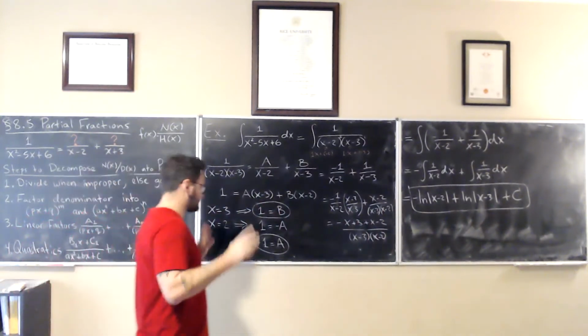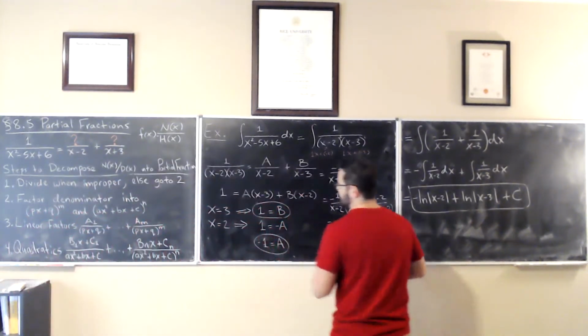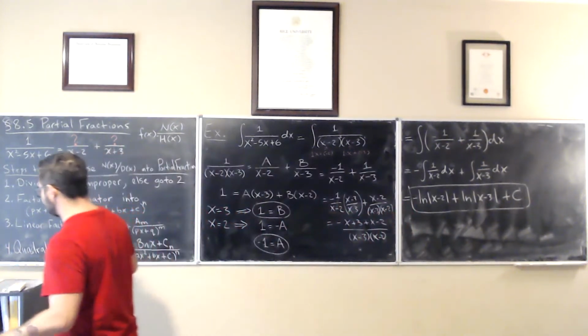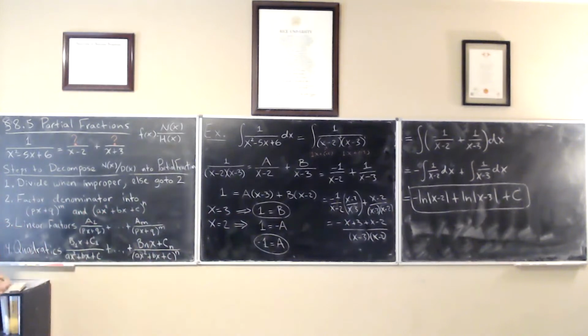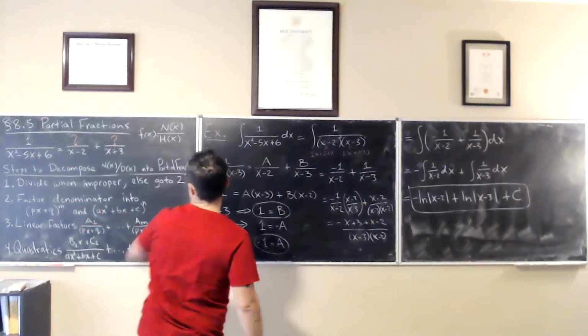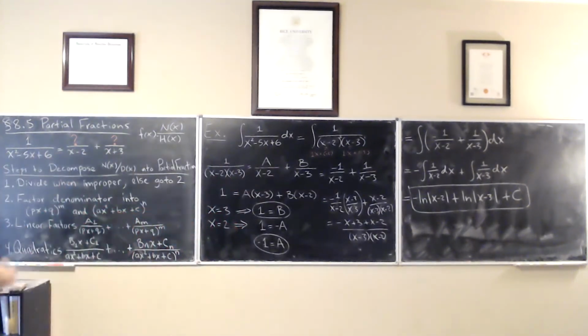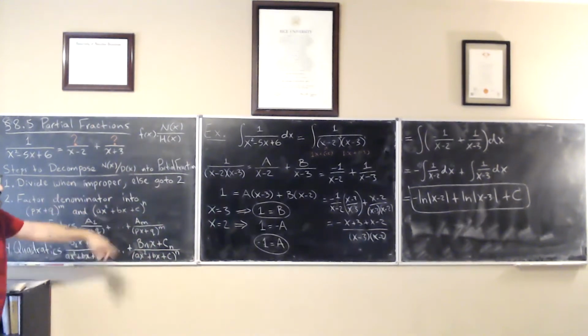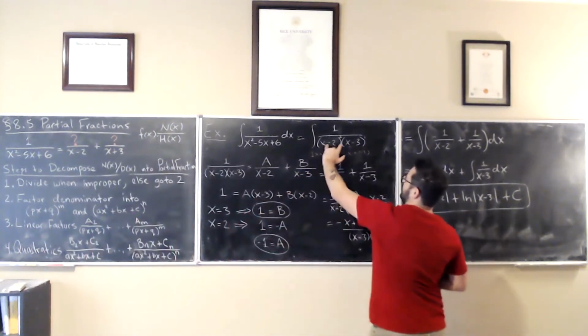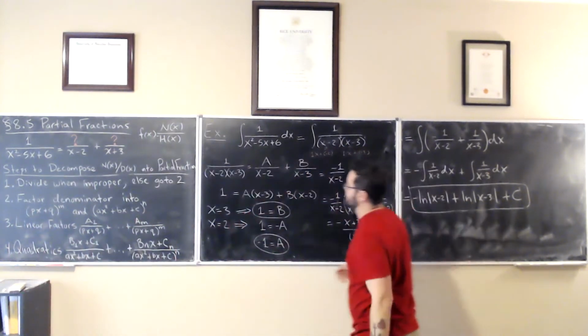Now, I do think we should take a moment to look at the table for a second. So what do we do? We look at the denominator and we factor it into as many of the linear factors and quadratic factors as we can. So we factor it and we have just linear factors, no quadratic factors.